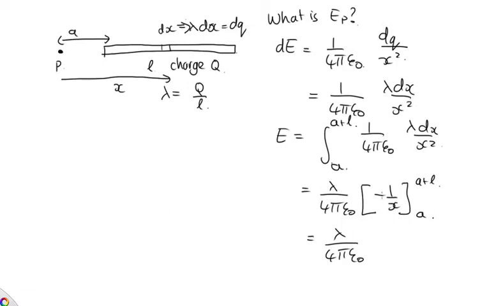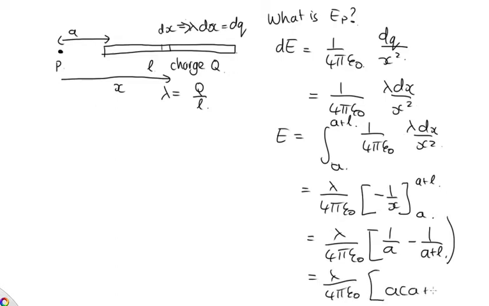Now instead of writing down this minus, let's just do these in the opposite order. So it's 1 on A minus 1 over A plus L. So this is equal to lambda over 4 pi epsilon naught, common factor A plus L, and we'll have A plus L minus A. So these A's will cancel out.